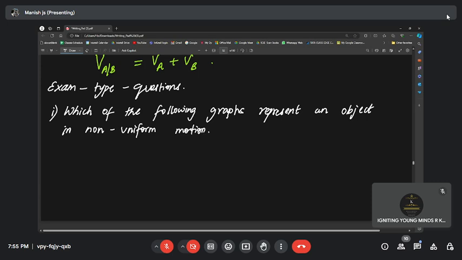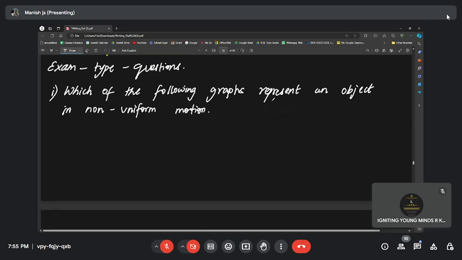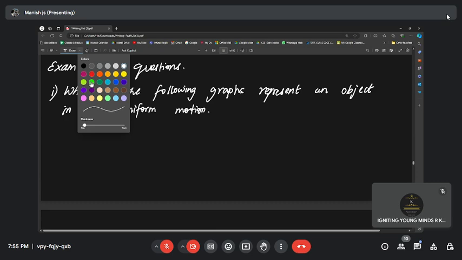So they're asking which of the following graphs is going to represent an object in non-uniform motion. So you have some question figures and then we have the answers. I'm giving you the question figures here.